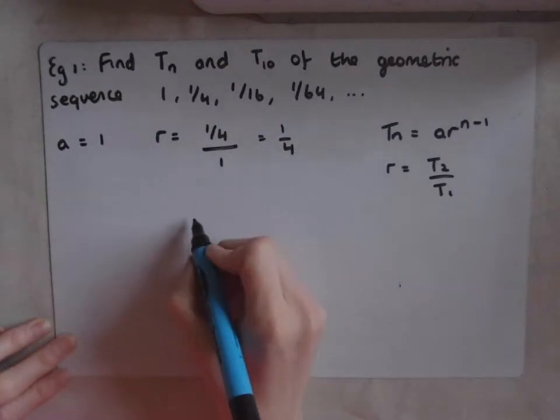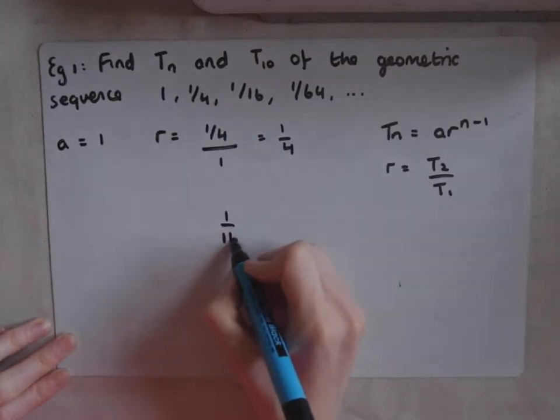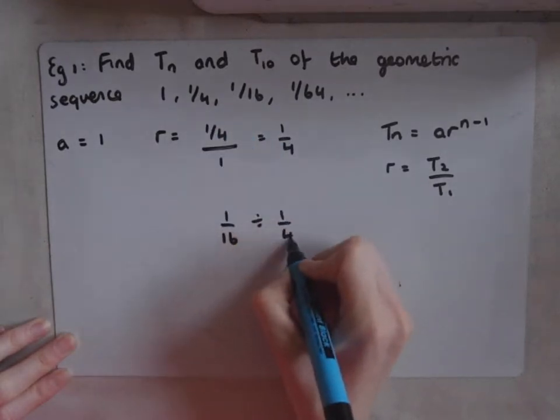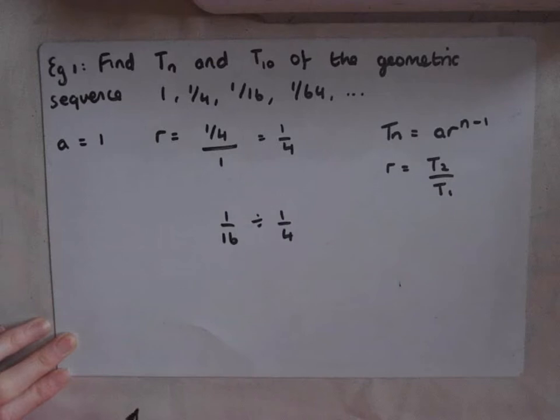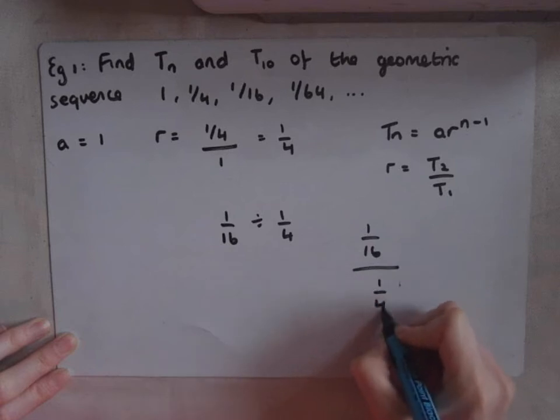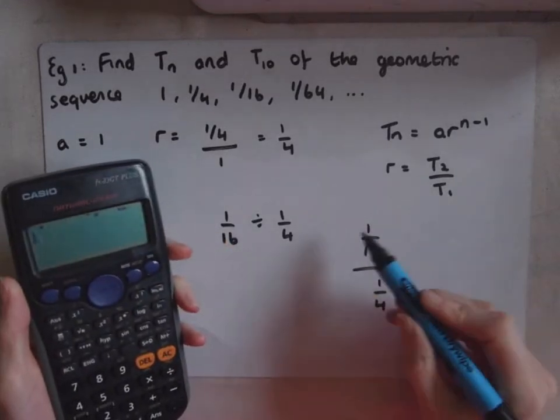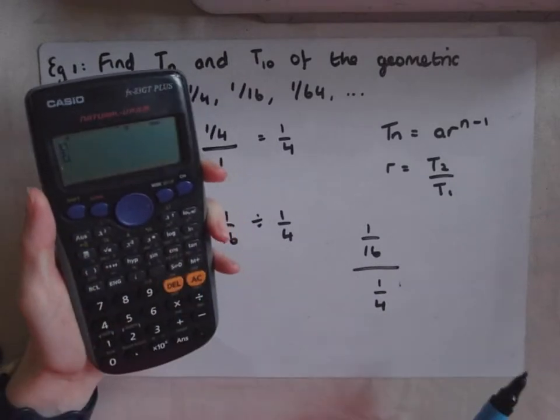If you were to do the third divided by the second, I would do it like this in my calculator. It can get a bit confusing if you have to do that into the calculator. So if I was putting this in the calculator, what I'd do is I'd press the fraction button first.